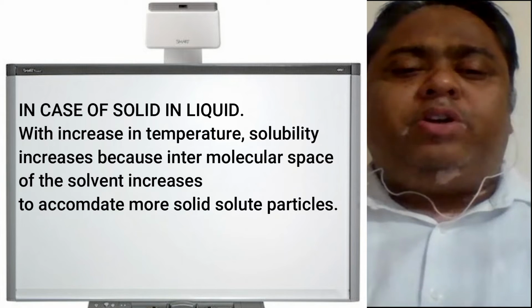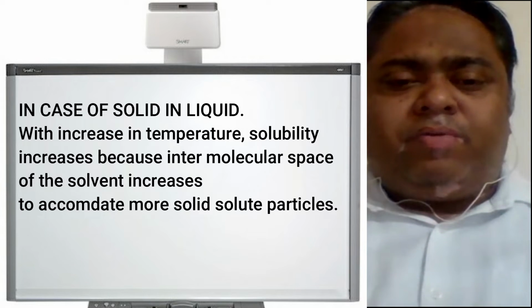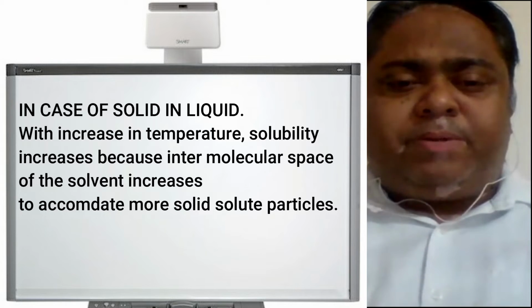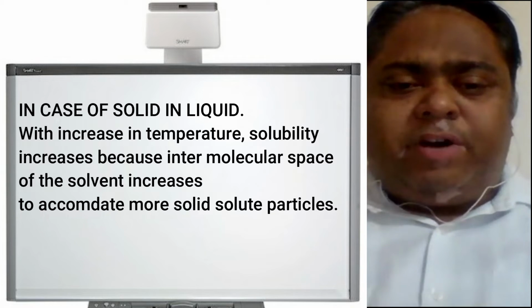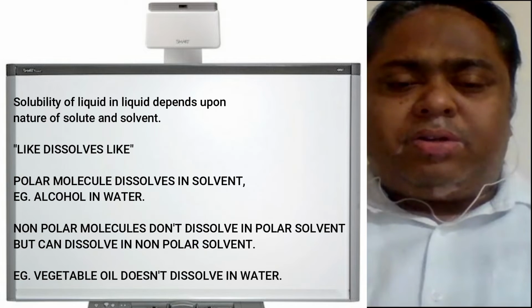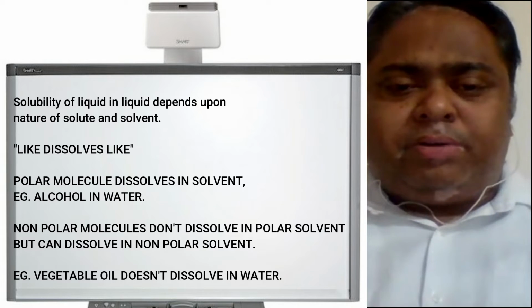In case of liquid dissolved in liquid, mostly the nature of the liquid is considered. For this, we use the concept like dissolves like. Polar solvent will be able to dissolve polar solute.